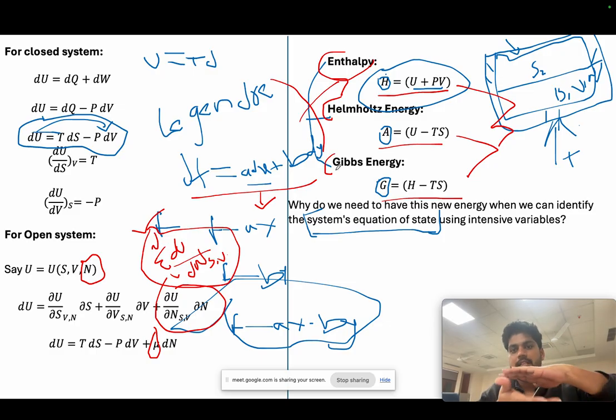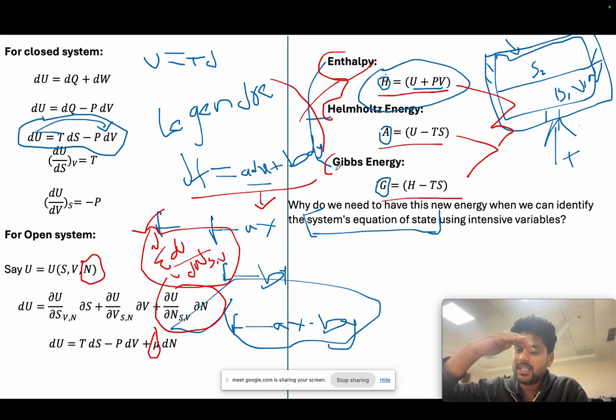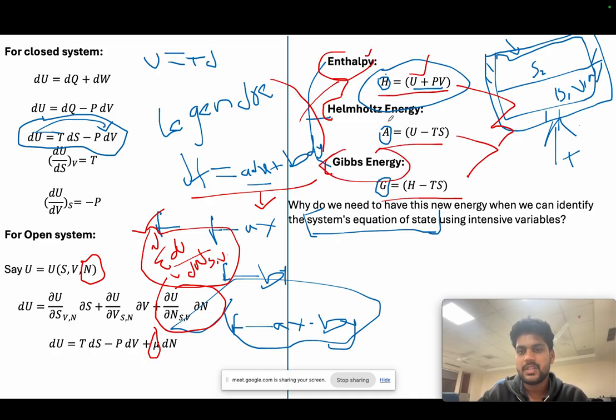If we increase it like this, the internal energy changes. Once internal energy changes, enthalpy changes. Once enthalpy changes, the Gibbs energy changes, and then the Helmholtz energy changes. This is what I want to say about extensive variables.